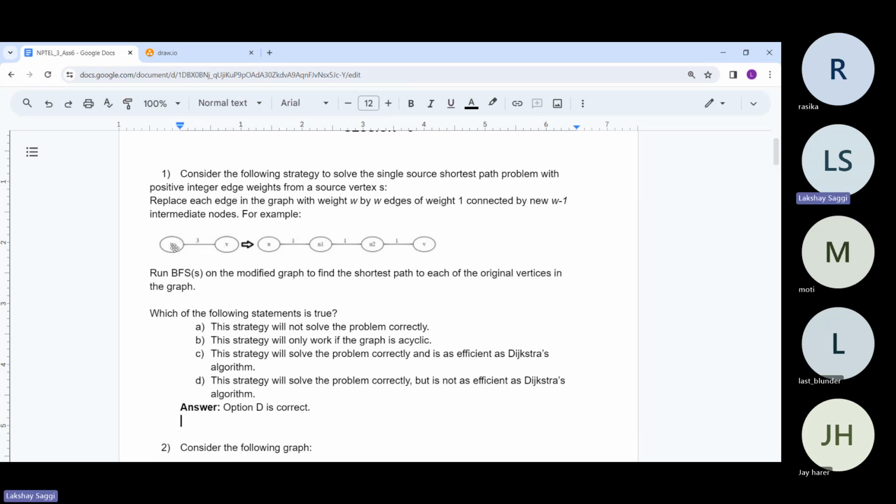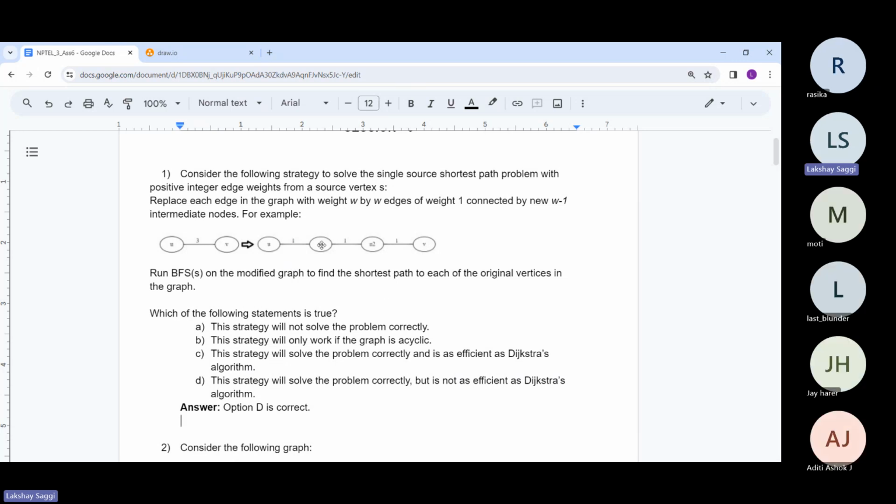In the initial graph, the distance between u and v was 3, and in the modified graph also, the distance between u and v is 3. Even though there are more edges, all edges have lesser weight, so the distance still remains 3. That is why the algorithm is correct, because it preserves the shortest paths.